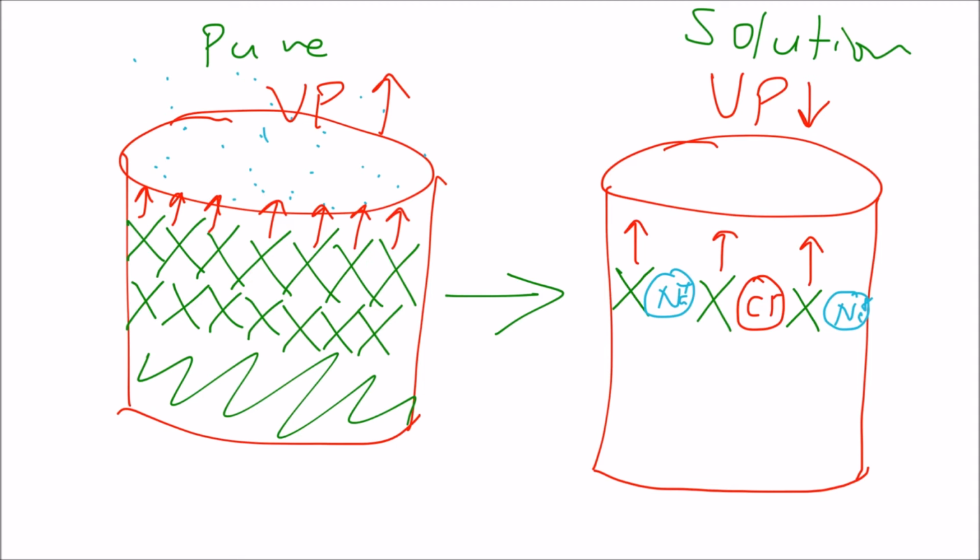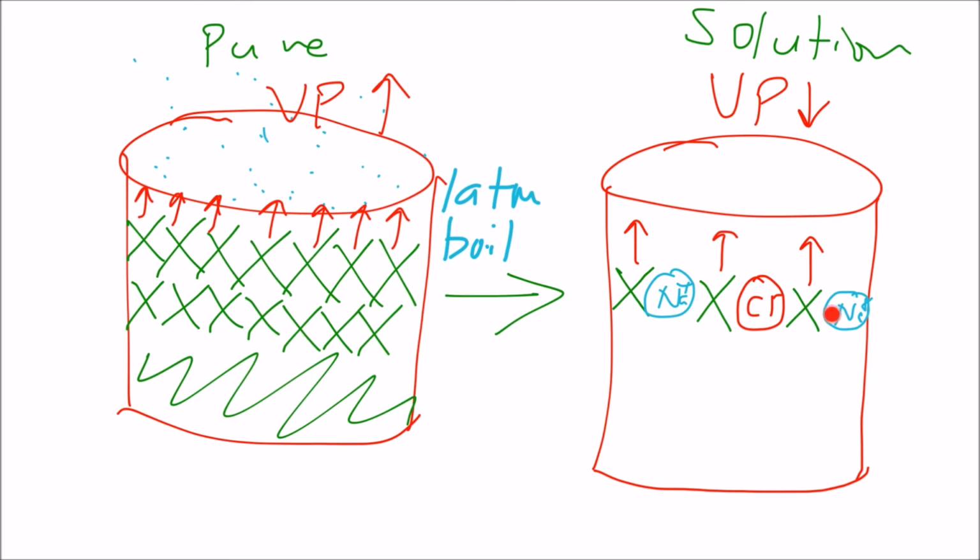That means we're going to be able to reach 1 atmosphere over here a lot more quickly, and that means that this will boil more quickly and at a lower temperature.